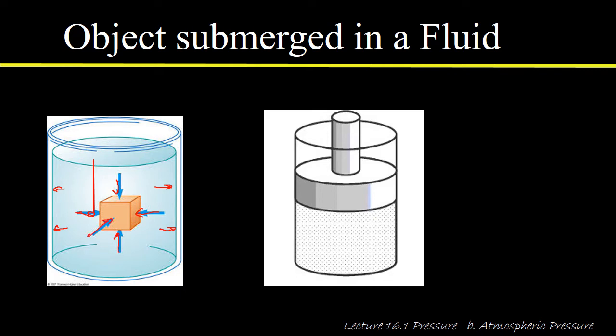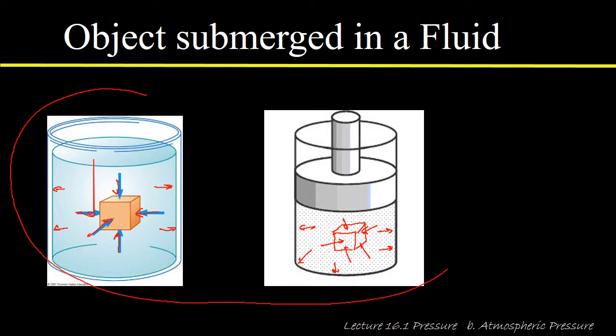So for example, if we had a little cube inside this gas cylinder, the gas would be exerting pressure on all of these exterior surfaces, but it would also be exerting pressure on the surface of this object that's submerged or surrounded by that gas. Okay? And this is the kind of pressure that we're going to be looking at in this particular lecture.